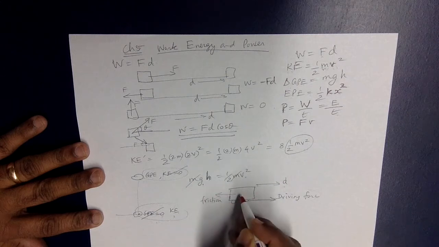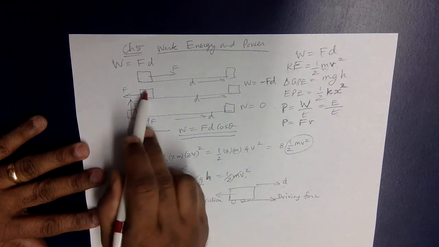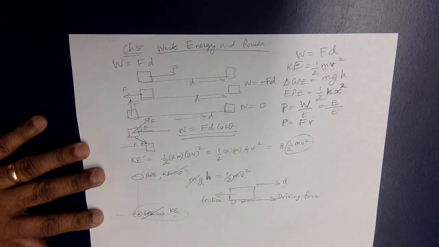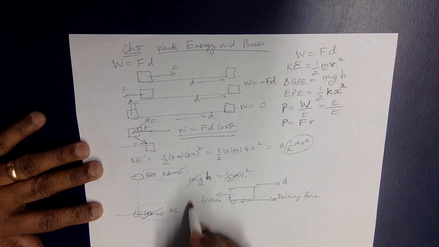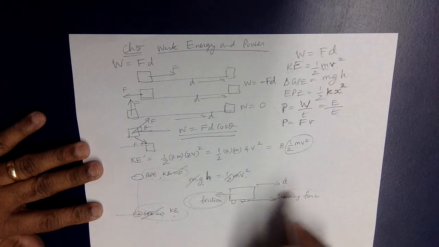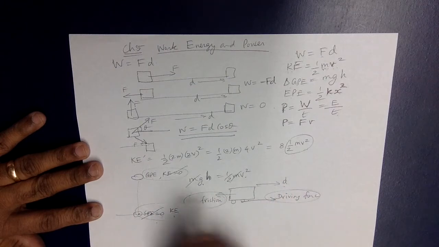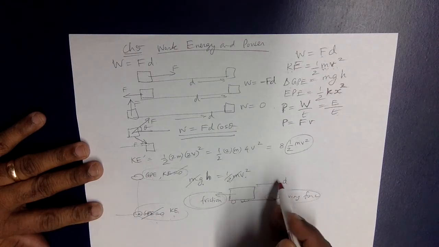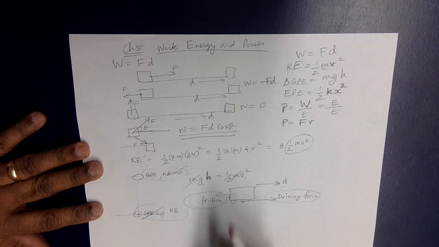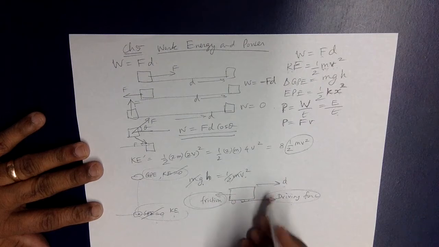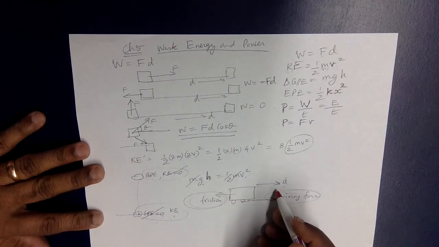The drag force is in the opposite direction to the displacement. So when you have a drag force in the opposite direction, this is doing negative work. While this one is doing positive work, this is doing negative work. But since the object is still moving forward, definitely the positive work is more than the negative work. So you should be able to understand how to work it out. If I give you a driving force and all that, how do you find the net work done?